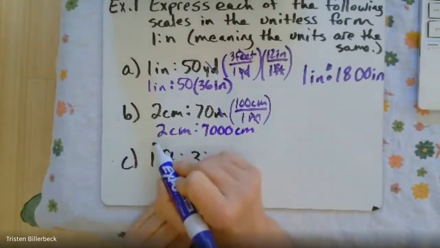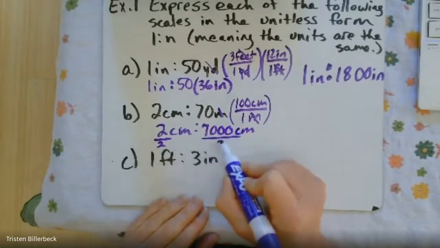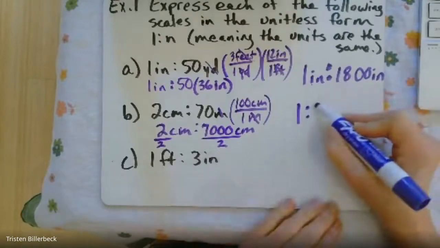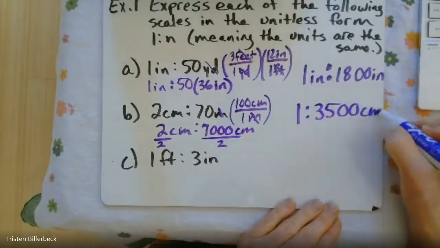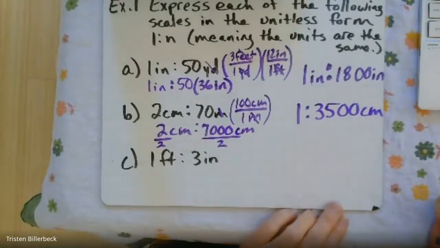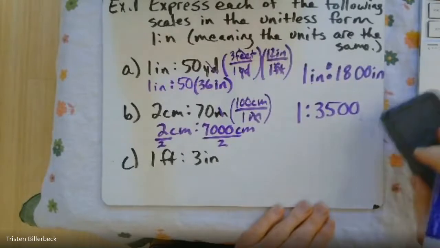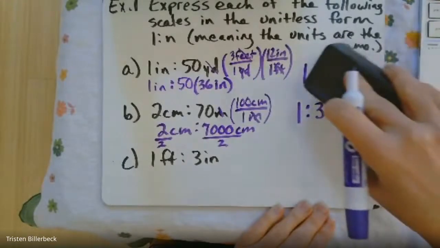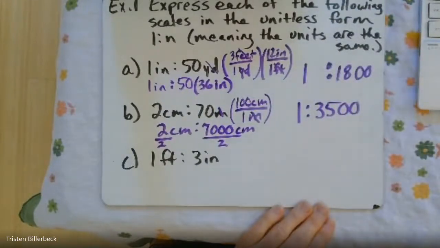So we're going to divide by 2 on both sides. So the scale for this would be 1 to 3,500 centimeters. Whoops, remember we're using unitless, so we don't want our units in here. Okay, so that's what they wanted. Let's put the 1 right near here.